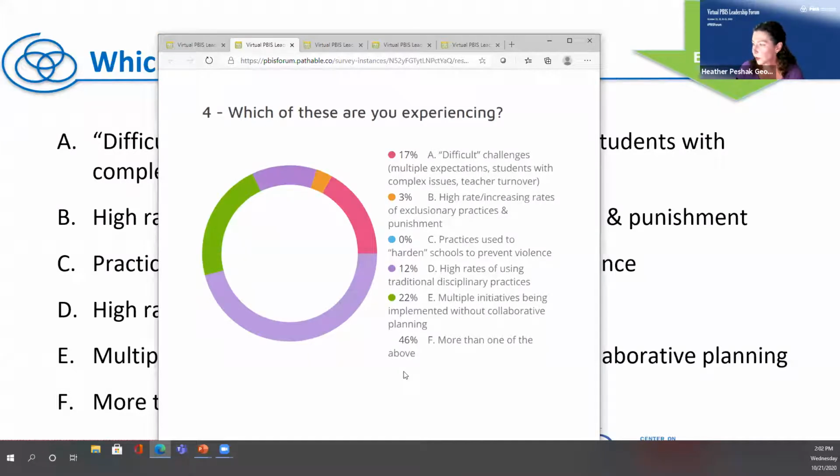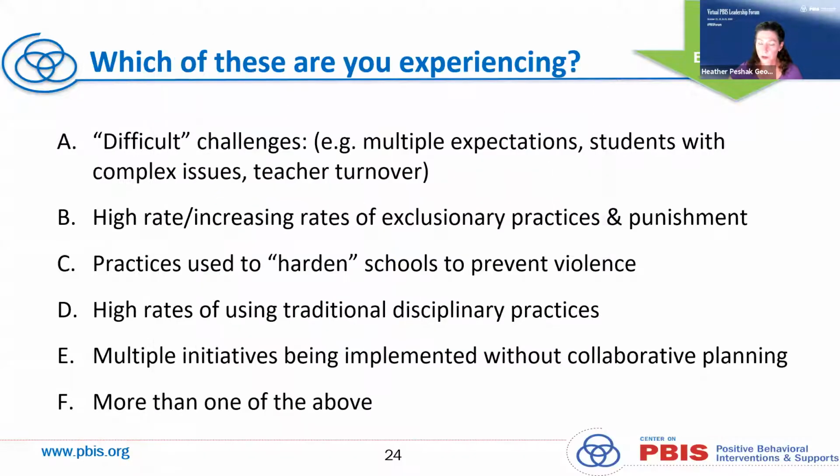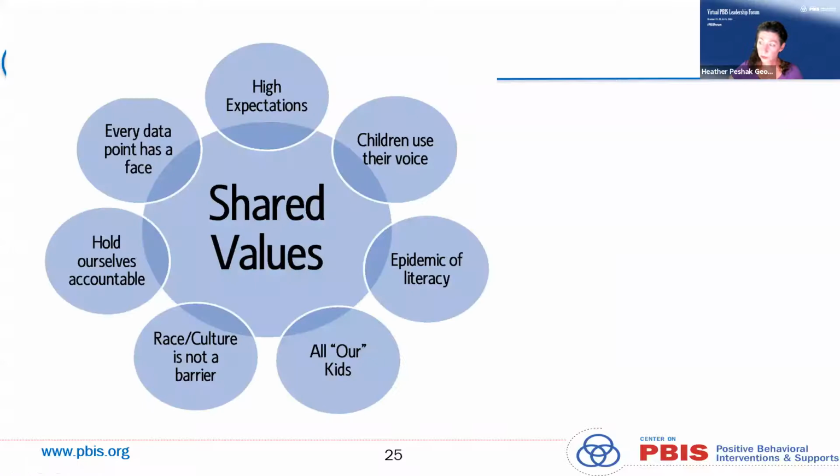Most of you have more than one of the above, and that multiple initiatives are being implemented without collaborative planning. Yep. And I'm not surprised that was your answer, and I'm sorry that was your answer. So let's talk about what we can do to try to help streamline things.